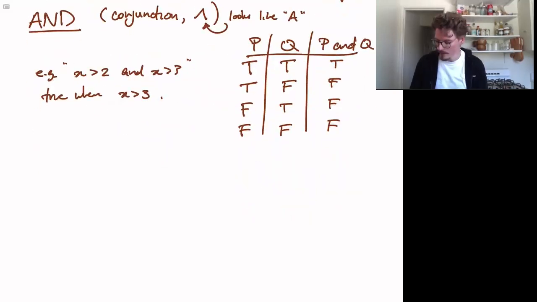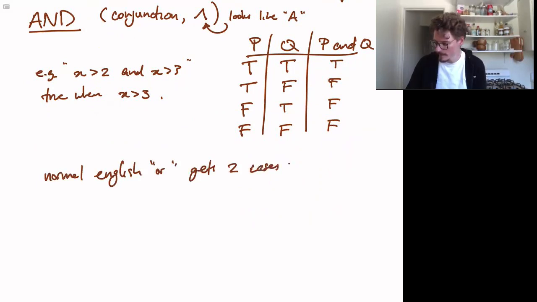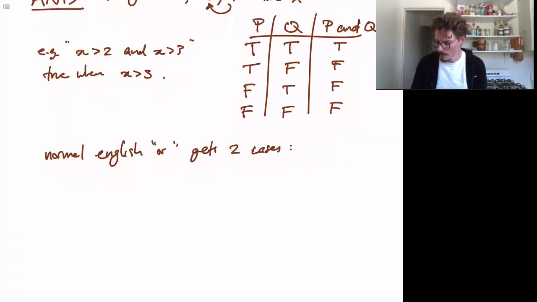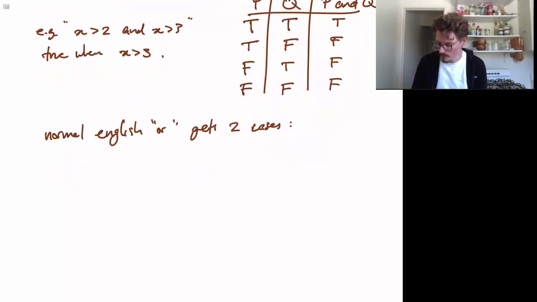All right, so here's an example where we need to do a little bit of departure from the regular language. The normal English "or" gets basically broken down into two cases. The first one is called just "or."